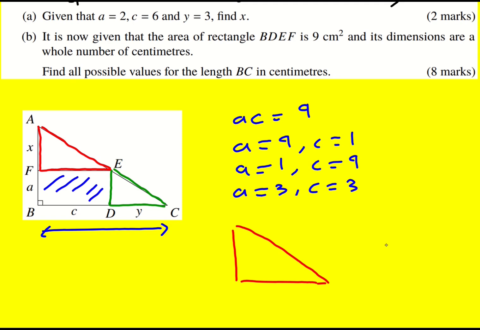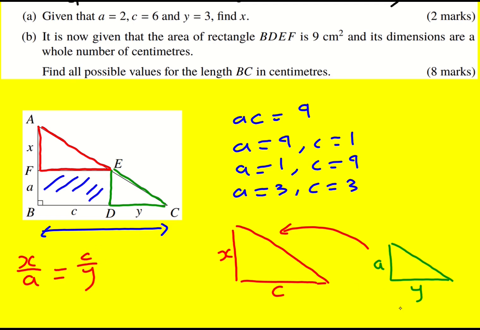So we've got the red triangle and the green triangle, and now I've got Y and A, and then X and C. So I can write down that X divided by A, that will give me the scale factor to go from the smaller one to the larger one, will equal C divided by Y. And I can rearrange this equation to give xy equal to CA, which is also 9.